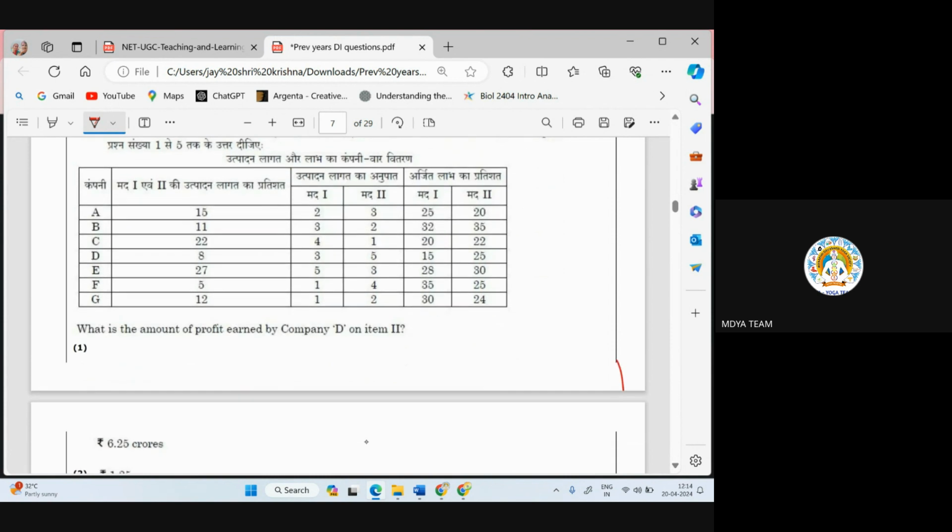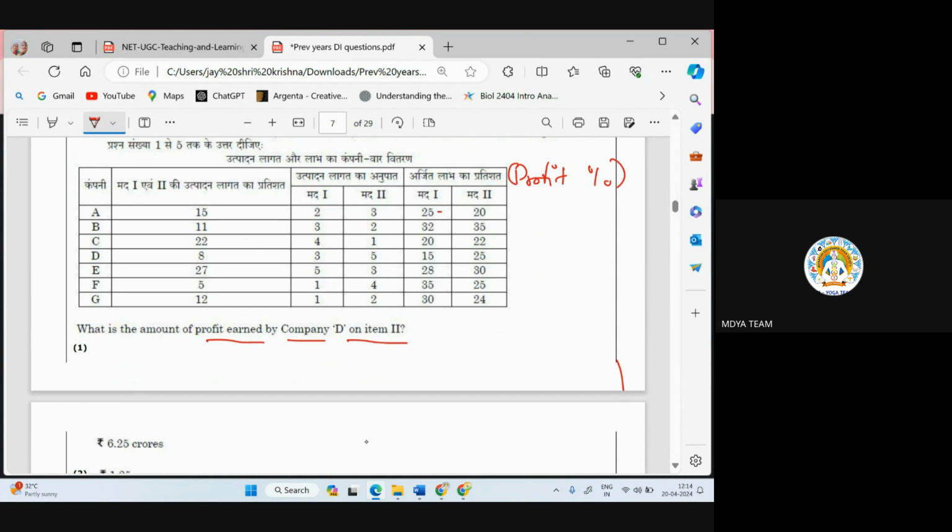What is the amount of profit earned by company D on item 2? Now, what is written here? Profit percentage. Profit percentage on item 1: company A got how much profit percentage? 25%.